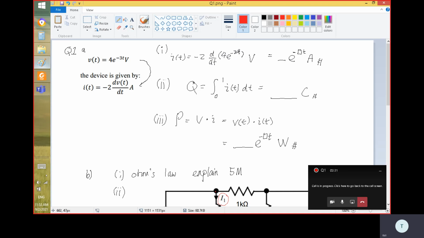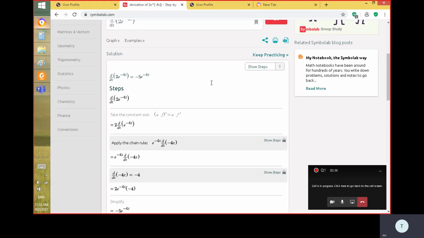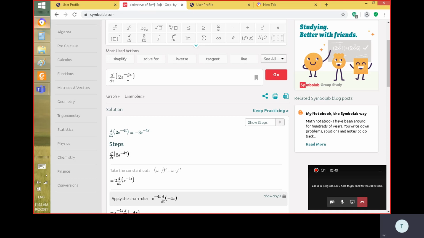Okay, if you forgot how to do this derivative, you can use a website here to show some guidance. Here I show an example. Let's say you do the derivative here, you click on this d/dt, and you can change it to d/dx or d/dt.